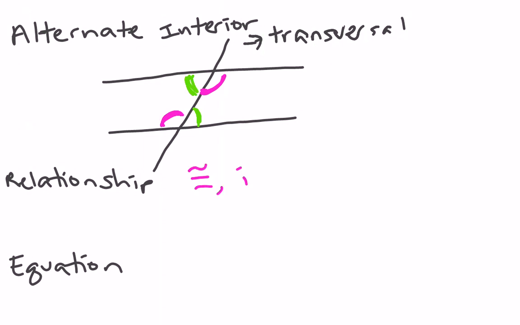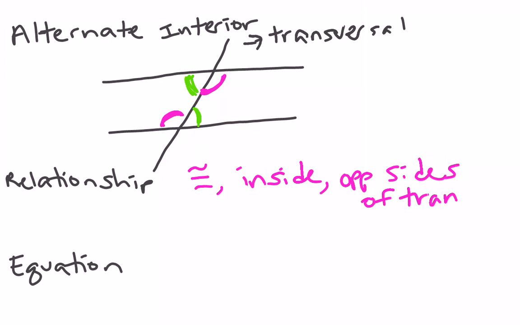and they're on the inside and opposite sides of the transversal. Since they are the same or congruent, that means that we can just set the expressions equal to each other.